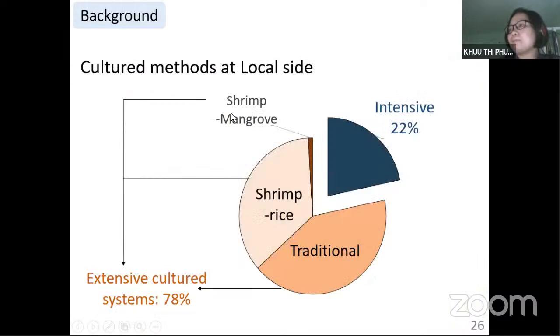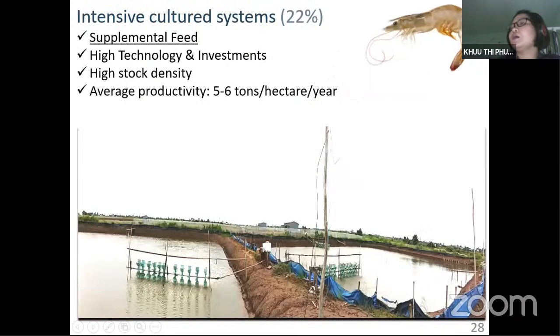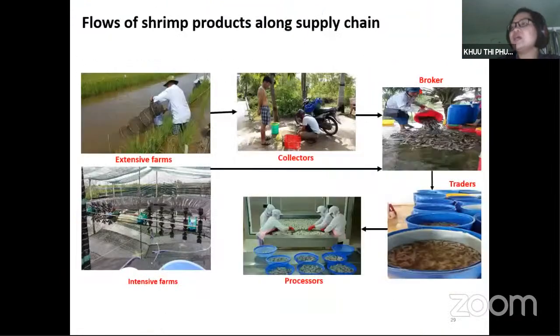And here is the distribution flow of upstream product along the supply chain. From farmers, there are two kinds of farmers. First, extensive, which are very small scale farmers, and larger scale farmers. Extensive farmers will sell their product to collectors.